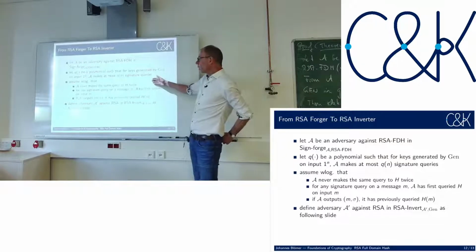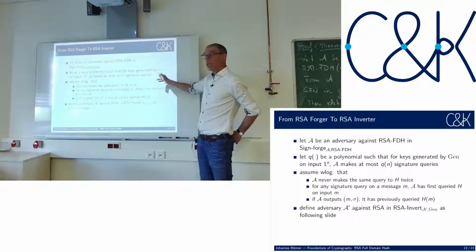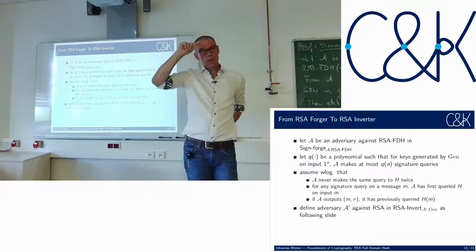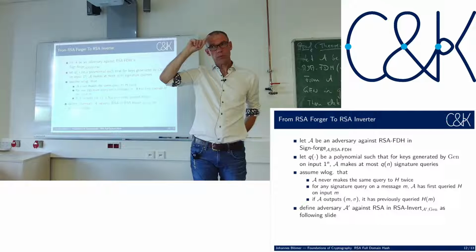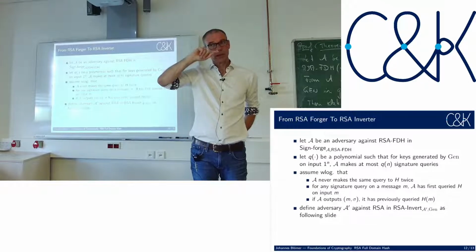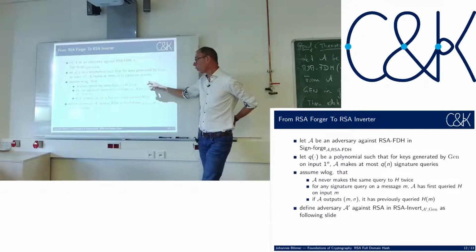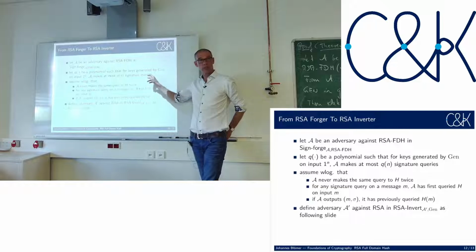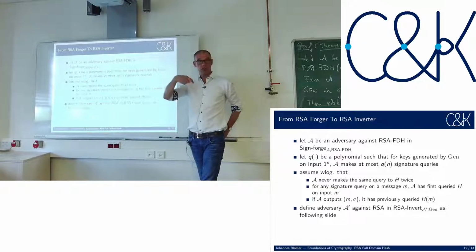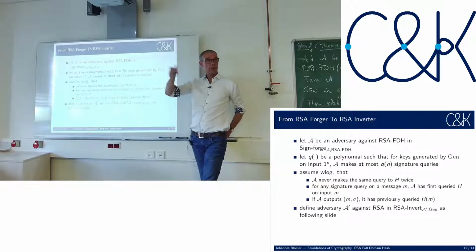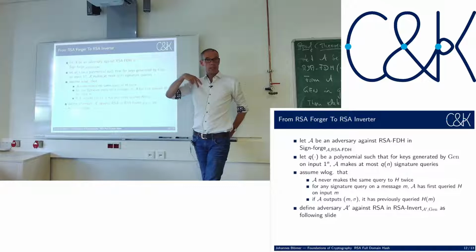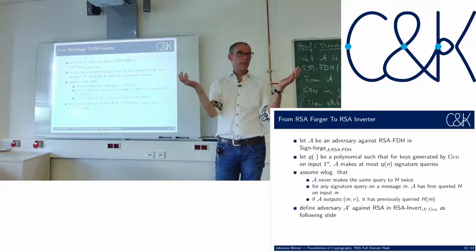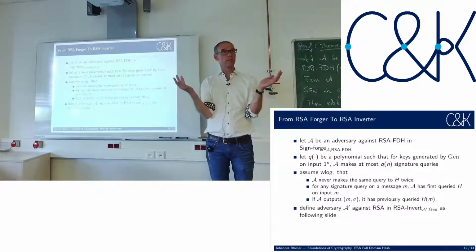Now recall that we are talking about random oracle functions. So A can not only make queries to the signature algorithm, it can at any point in time also query the random oracle. It can always ask, please give me the hash value for some message.